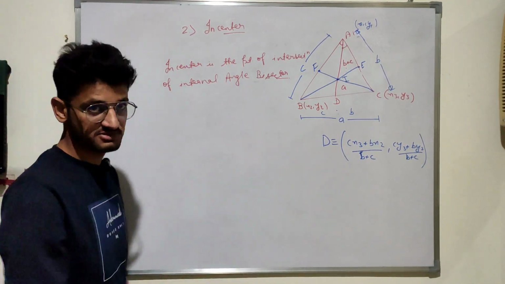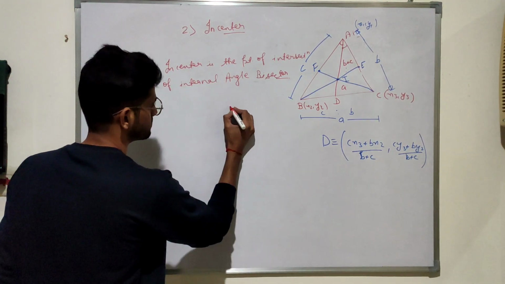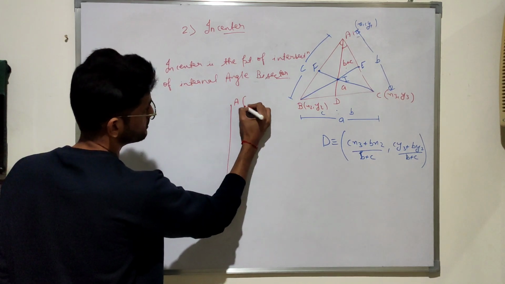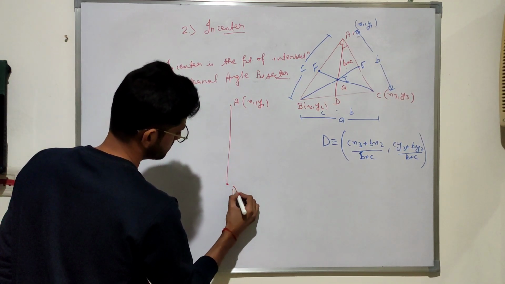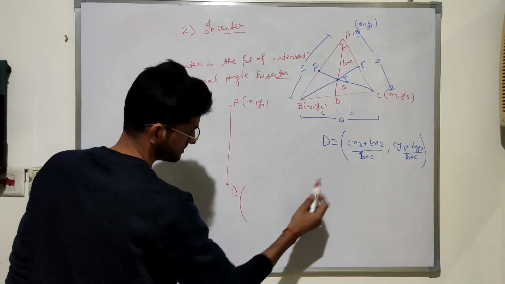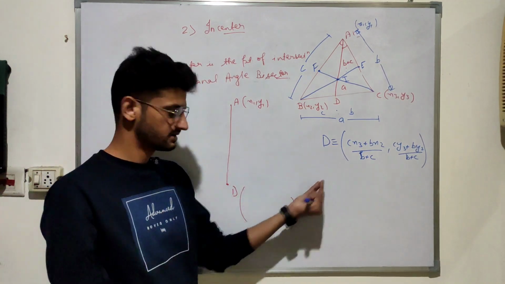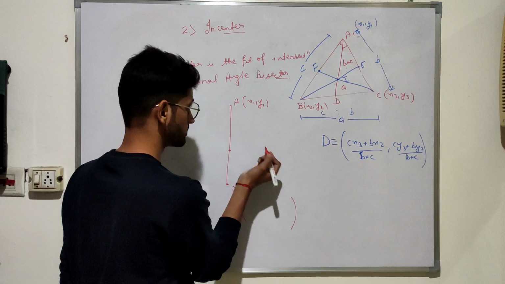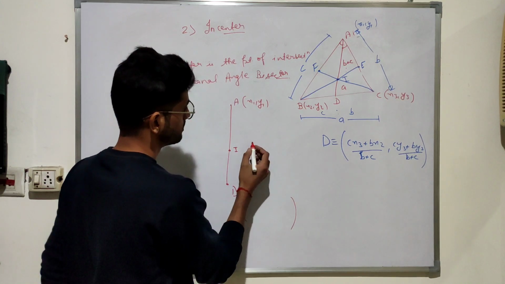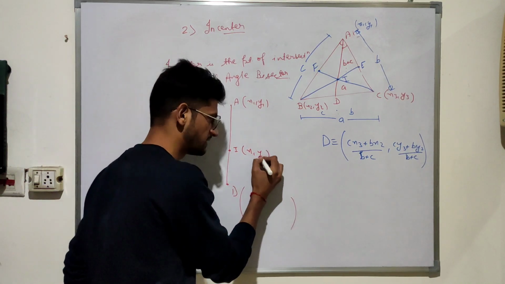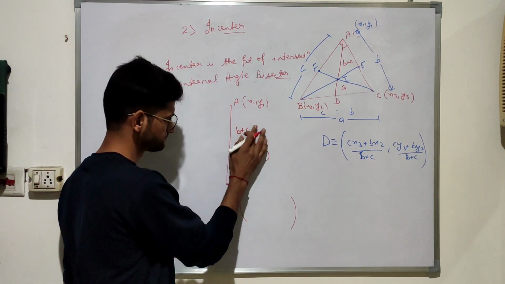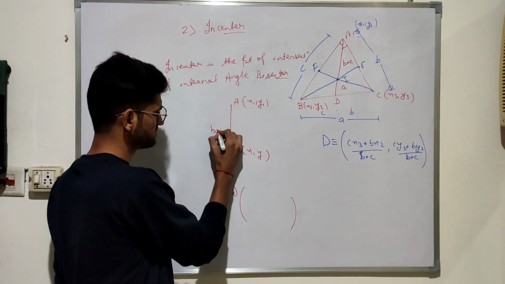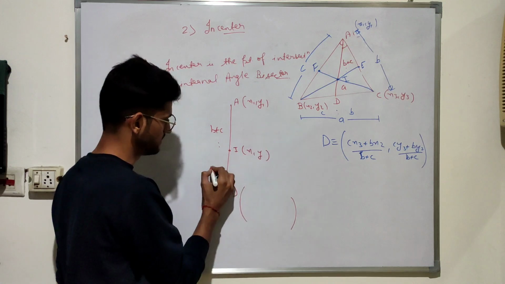Our problem has been converted to side AD with point A having coordinates x1, y1 and point D with the coordinates already written here. We need to find the coordinates of point I, let's say x, y, and we know the ratio, that is B plus C to A.